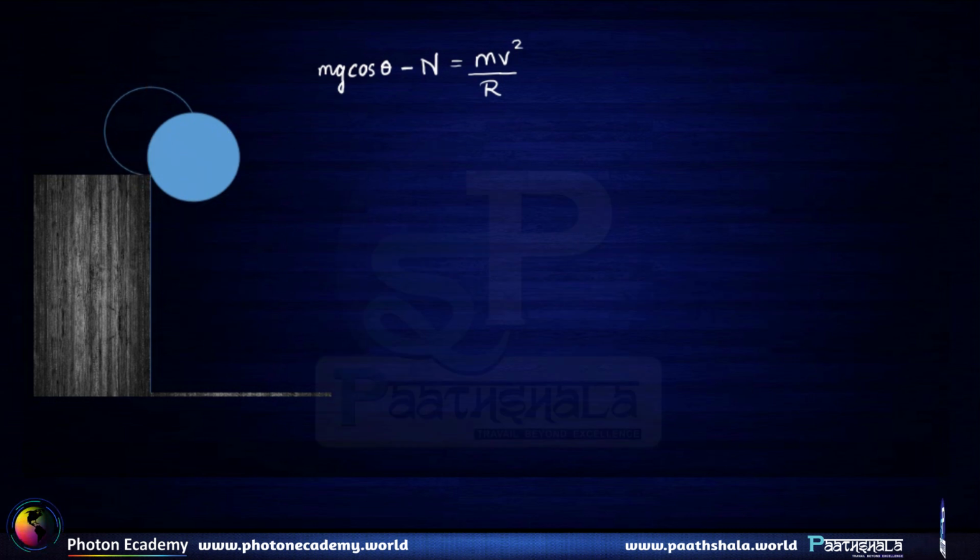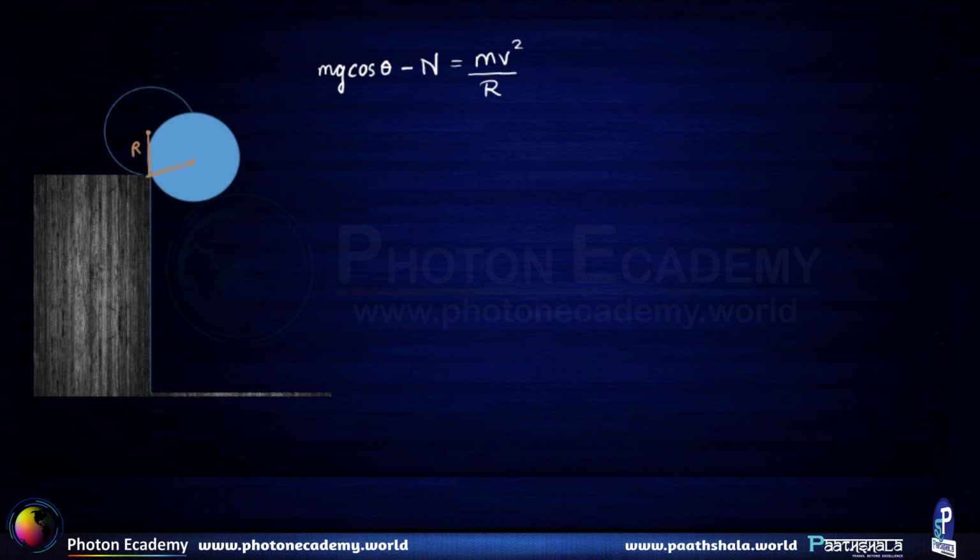So let's do that analysis. Earlier, the center of mass was at this location and this was the radius. Now the center of mass is at this location, and we have seen that this angle is theta. This also is the radius. So if I complete this triangle, then in this triangle, what do I get?